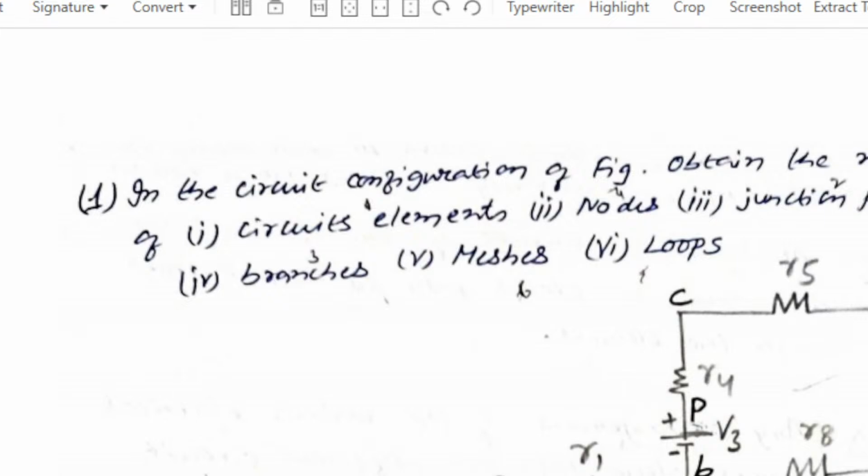Second one, active and passive elements.